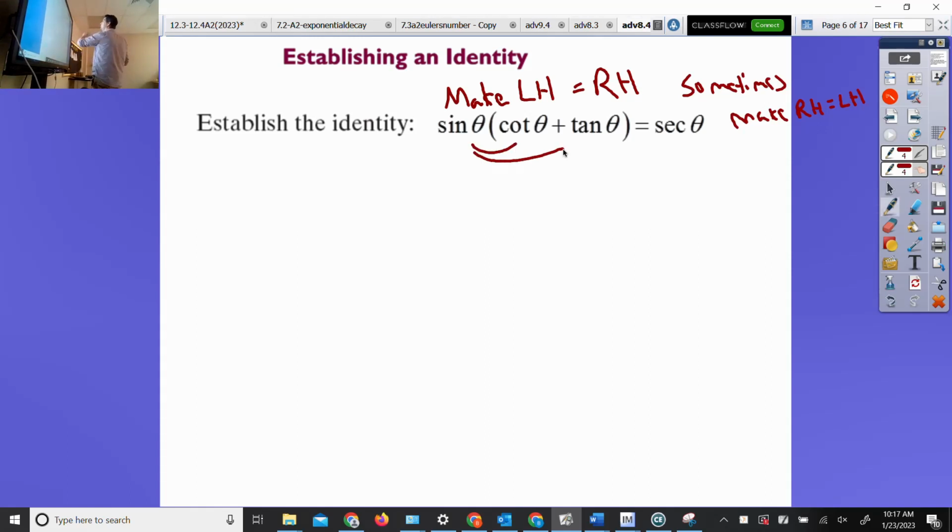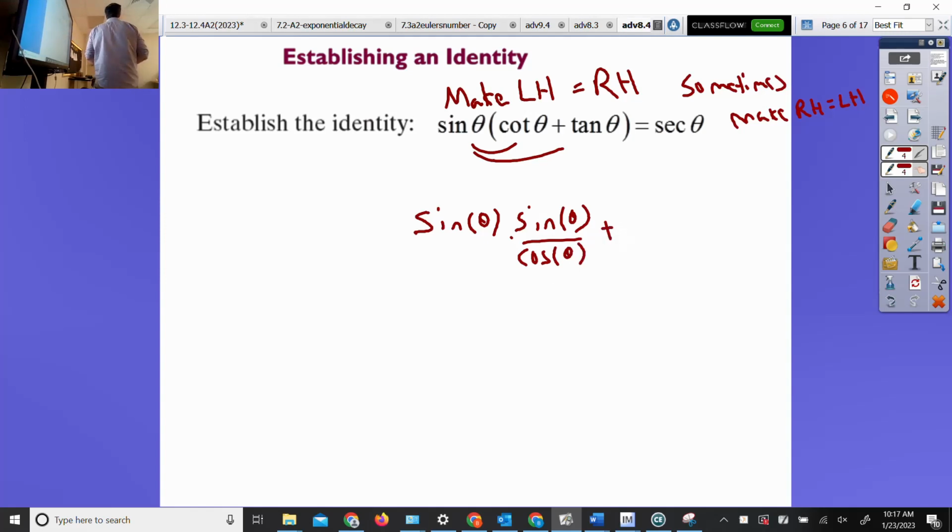And while we're at it, why don't we rewrite cotangent and tangent? What's cotangent? Rewrite in terms of sine and cosine. How do y'all already know these?